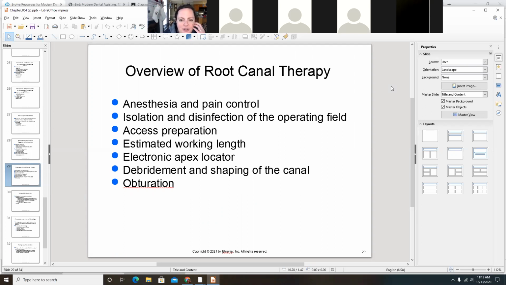Isolation and disinfection of the operating field. How do we isolate the tooth in endodontics? What do we use? Rubber dam. We use a rubber dam, right? And really the only other area of dentistry where we see a lot of rubber dam is where? Pediatrics. In pediatrics, right? Because we need to isolate the tooth.